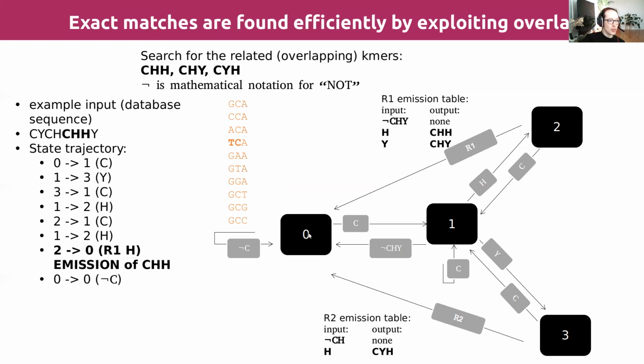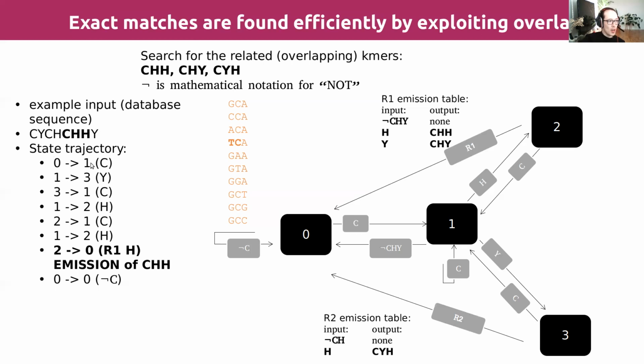So the system moves to state 1, and state 1 is basically the state of being 2 bases away from discovering these 3-mers. So we indicate that here. The first step is to go to state 1.